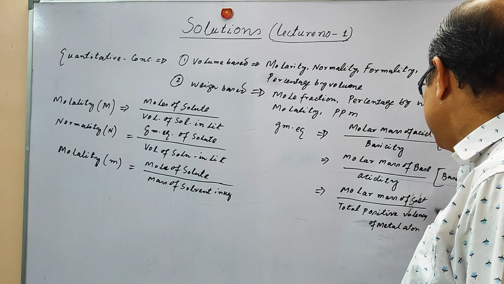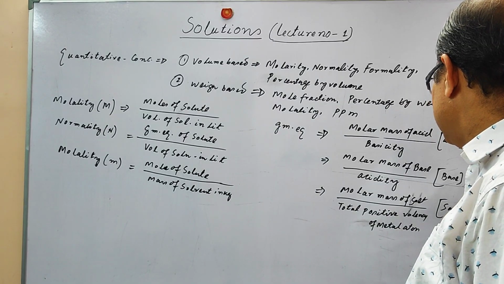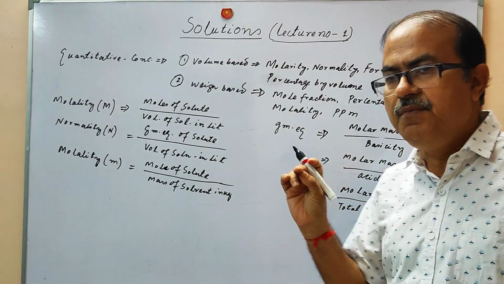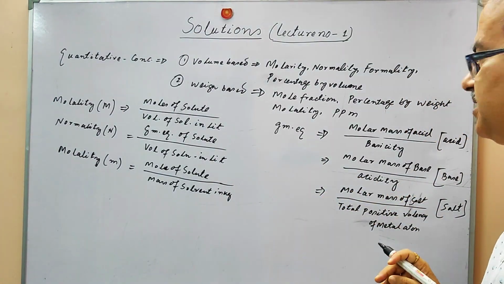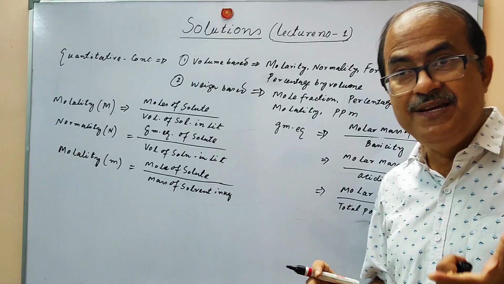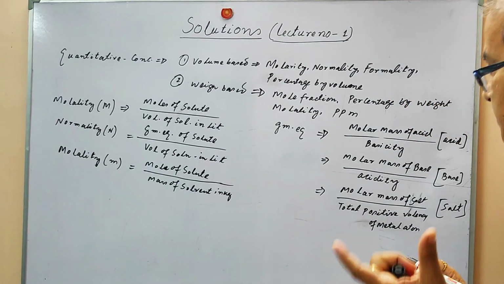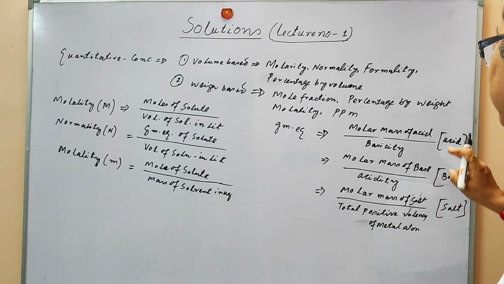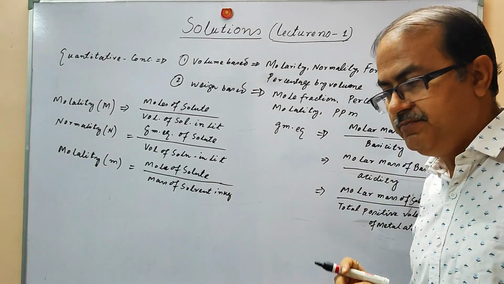This is for the salt. So these are the gram equivalents. As for example, for the acid H2SO4, its molar mass is 98 and its basicity is 2. So what will be the gram equivalent? Gram equivalent will be 49.